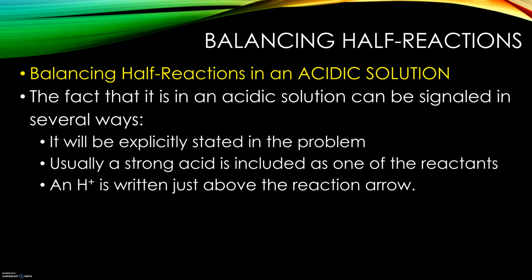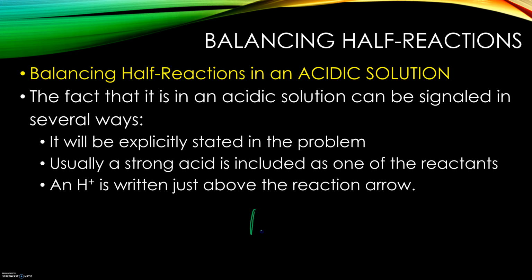Remember those 7 strong acids: hydrochloric, perchloric acid, chloric acid, hydrobromic acid, hydroiodic acid, and then we had nitric acid and sulfuric acid, and those were the 7 strong acids. Or if you look at certain reactions, over the yield arrow, you will notice that a hydrogen ion is written.